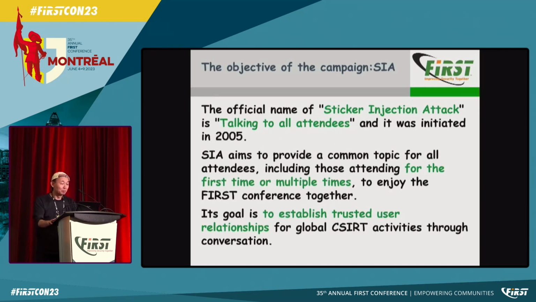The objective of the campaign SIA, official name of Sticker Injection Attack, is talking to all attendees, and it was initiated in 2005. So SIA aims to provide a common topic for all attendees, including those attending for the first time or multiple times, to enjoy the conference together. The goal is to establish a trusted user relationship for the global CSAT activity through the conversation.